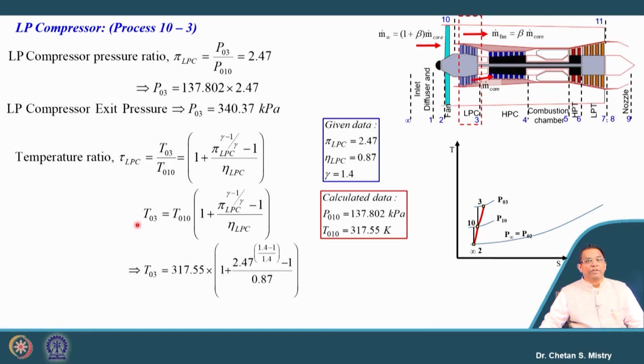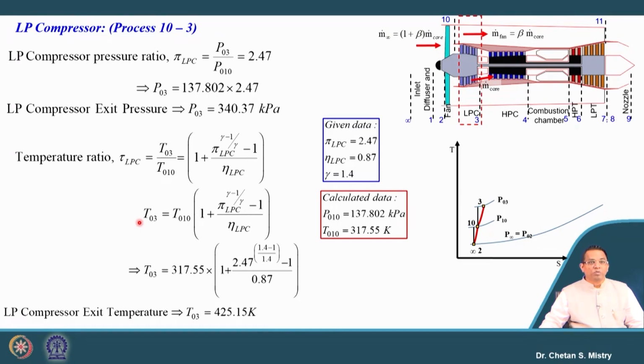Since the pressure ratio and efficiency are known to us, we can calculate the LP compressor exit temperature. If we put the compression ratio of 2.47 and efficiency of 87%, the exit temperature is coming as 425.15 Kelvin.